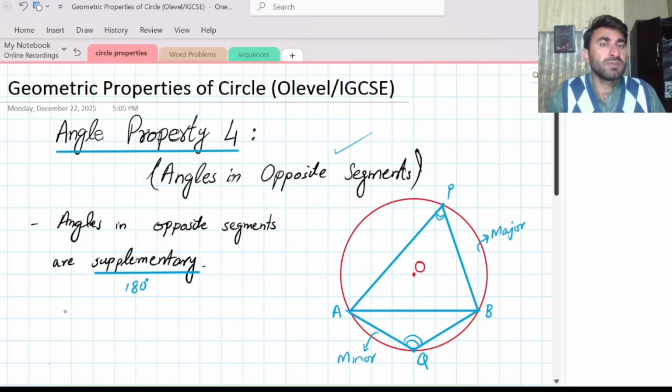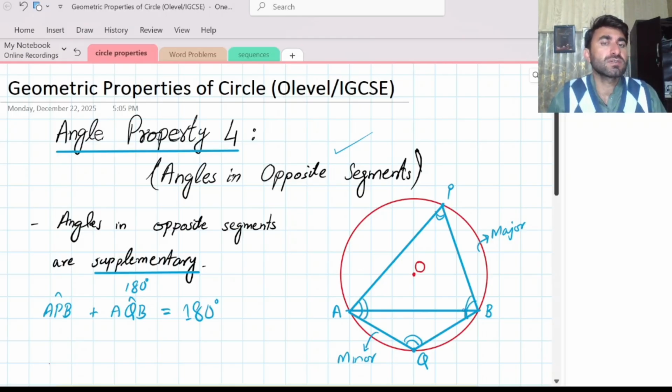So they are supplementary, mean they add up to 180 degree, like angle APB plus AQB equals 180 degree. And in the similar manner, as we see, A and B are also opposite angles.